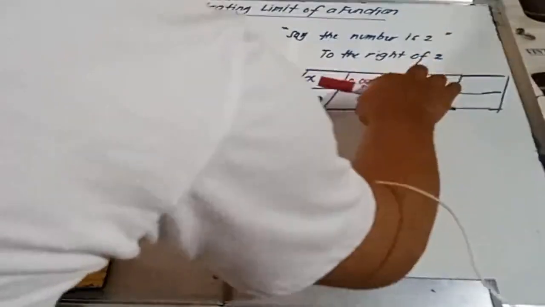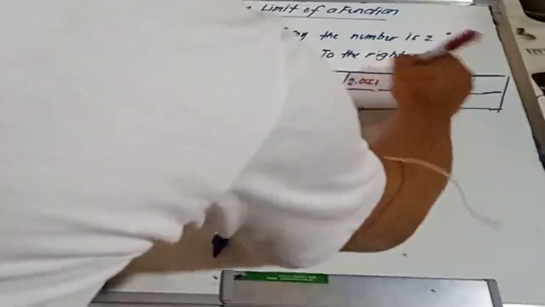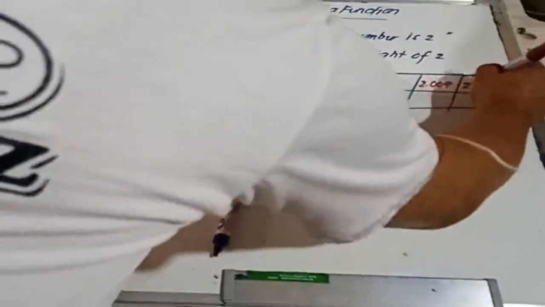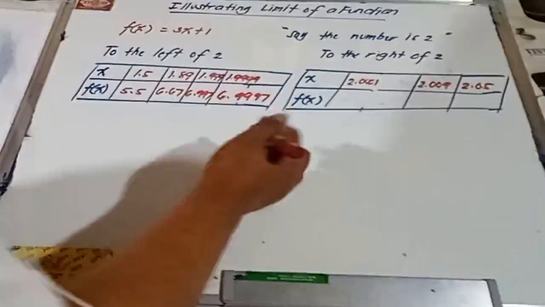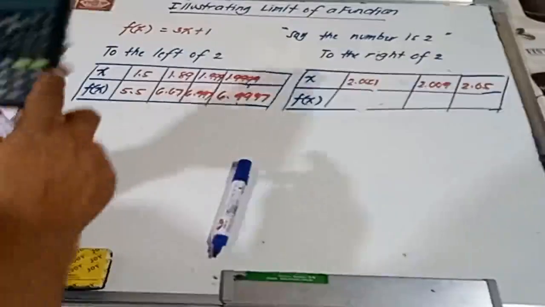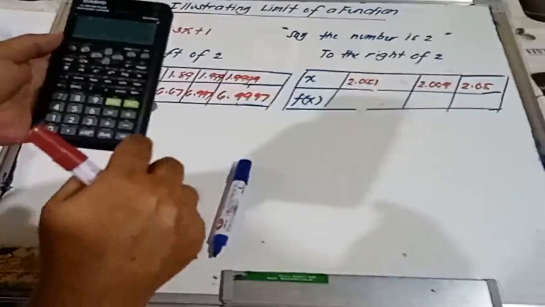Maliit ang space. What else? 2.05. Yan na lang, tatlo na lang. 2.05 naman muna tayo. If x is 2.05, 2.05 times 3 plus 1 is 7.15.